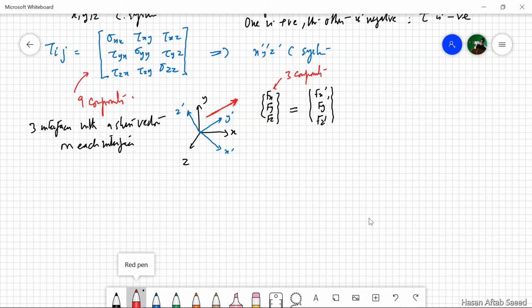Note the stress vectors on interfaces x, y, and z as the first, second, and third row of the array. Technically speaking, stress at a point tau ij is a second order tensor. The order can be seen from the number of indices. In this case, i and j, 2. A vector is also a tensor, but a first order tensor.